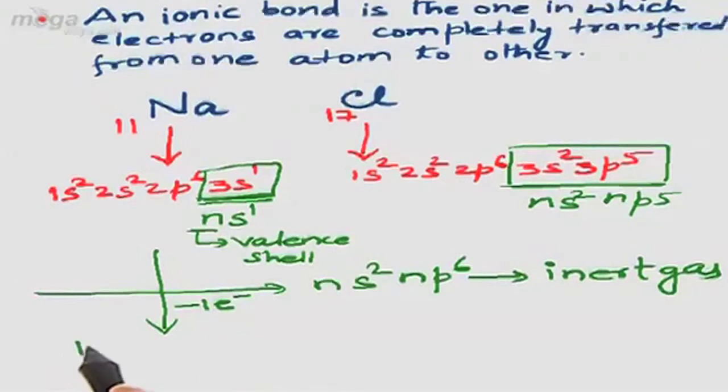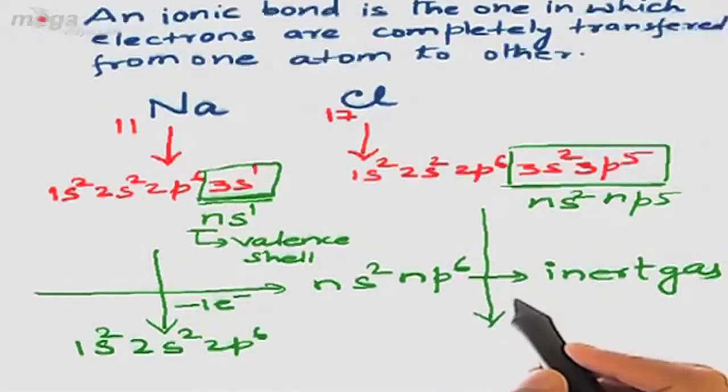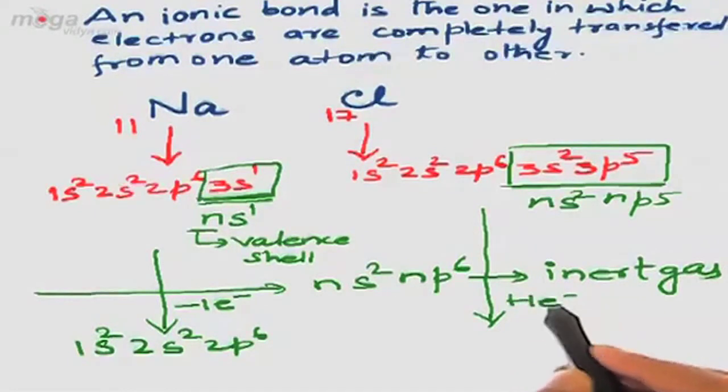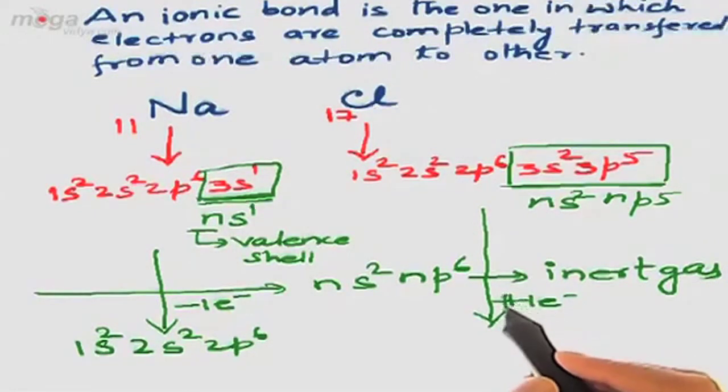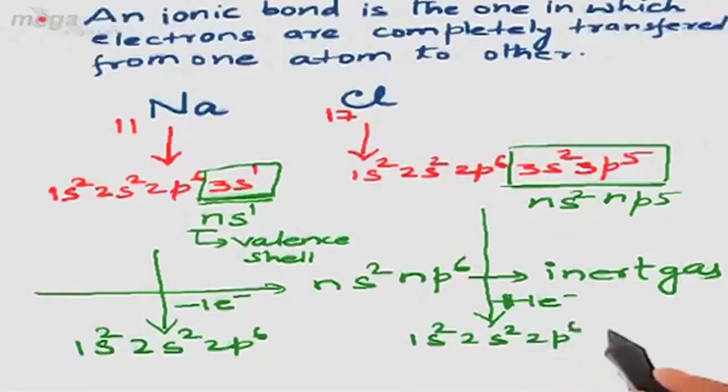Now its new configuration will be 1s2, 2s2, 2p6, while for chlorine we have to add one electron to it, which will be transferred from the sodium atom to chlorine, and the new configuration will be 1s2, 2s2, 2p6, 3s2, 3p6.